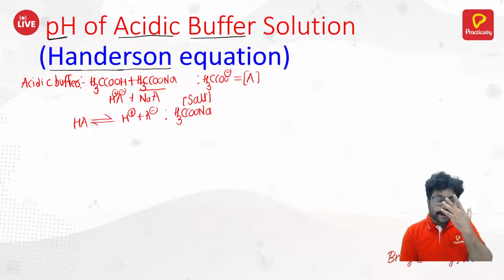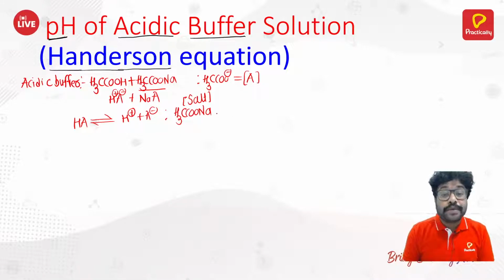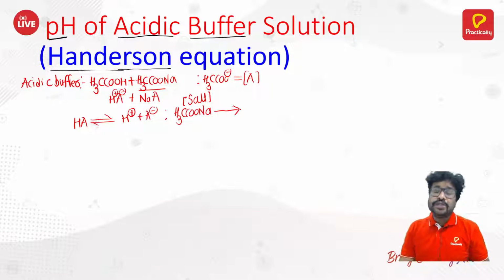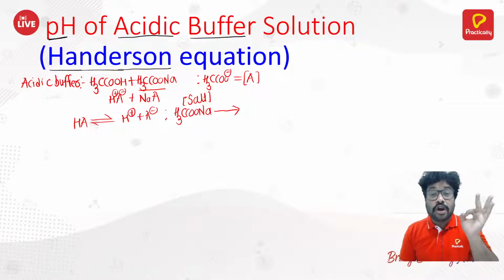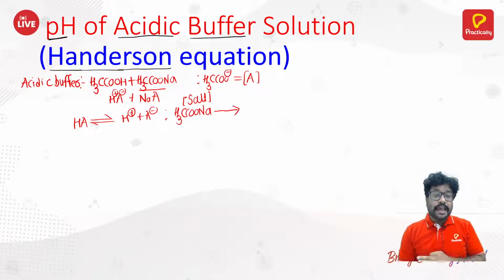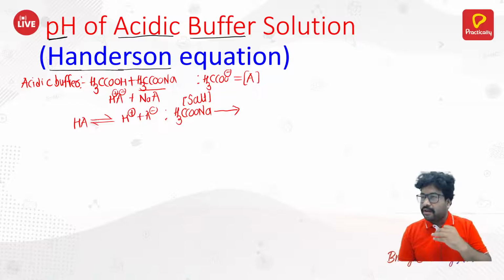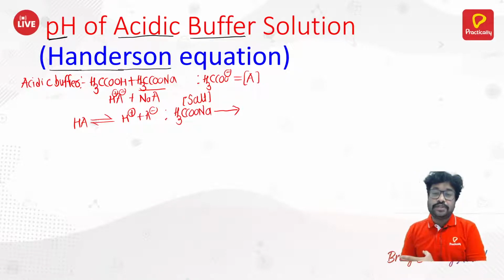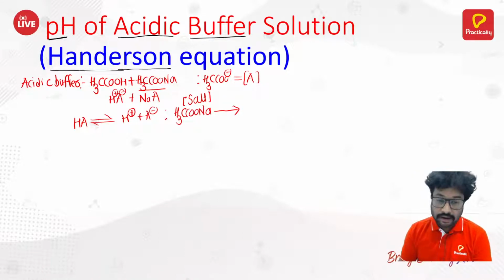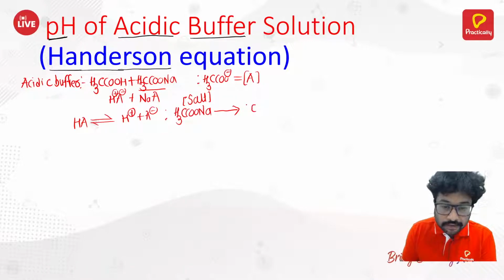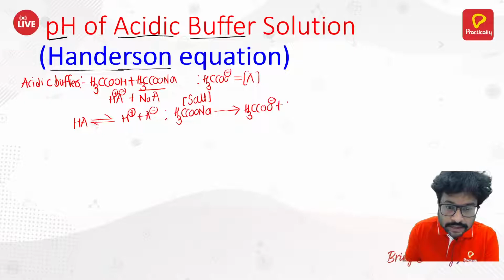Now the salt will dissociate completely. Why? I told you earlier, salts are strong electrolytes. 99% of the salts dissociate completely. So that would give you CH3COO minus plus Na plus.